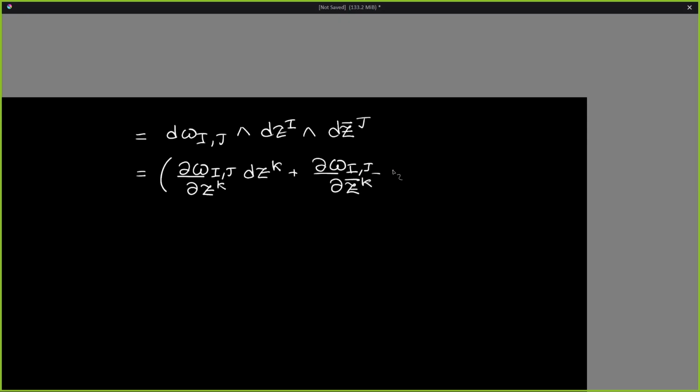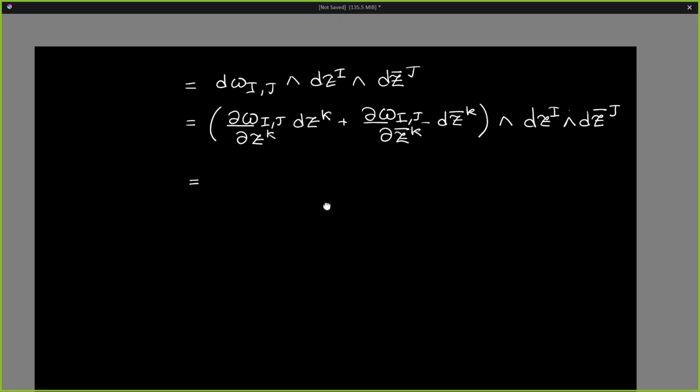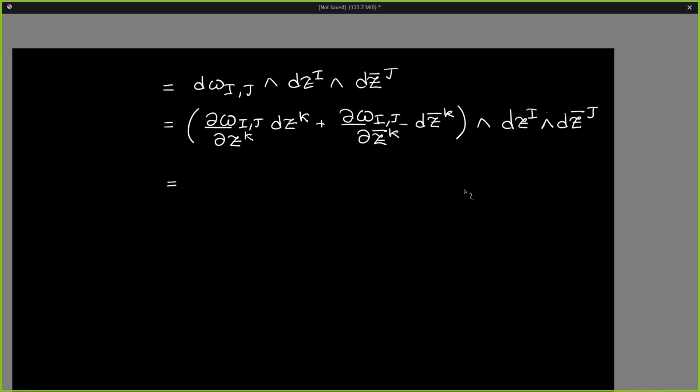So there we go, dz bar k, and then we wedge all of the usual suspects here, dz bar j, and then that's equal to, now let's just distribute it over, right?